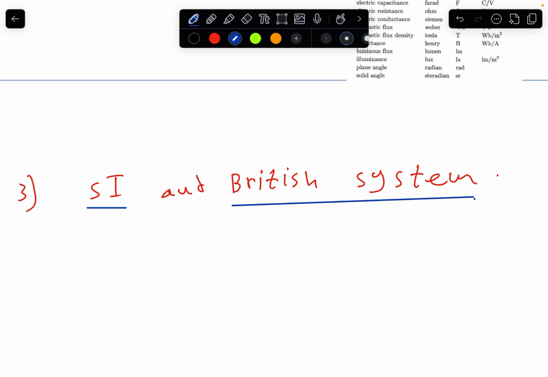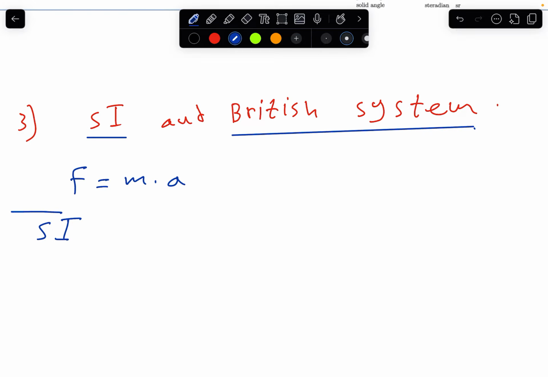Let me give you an example. We have F, which is force, equal to mass times acceleration. In SI, let's say M is equal to 6 and A is equal to 2.